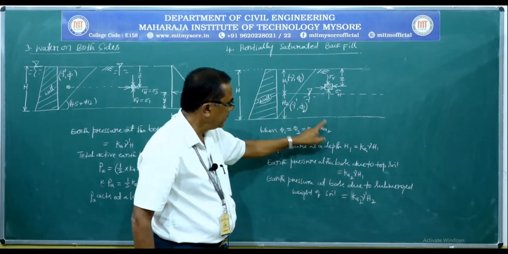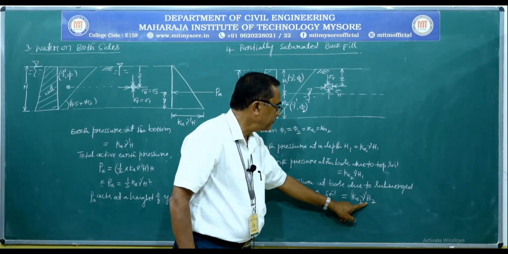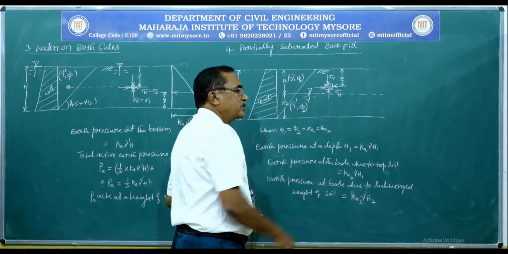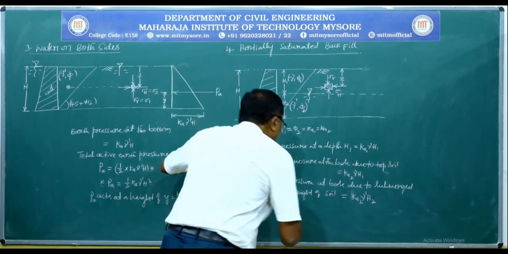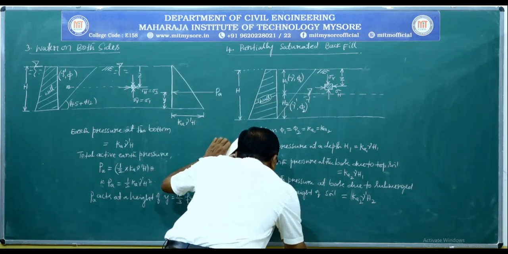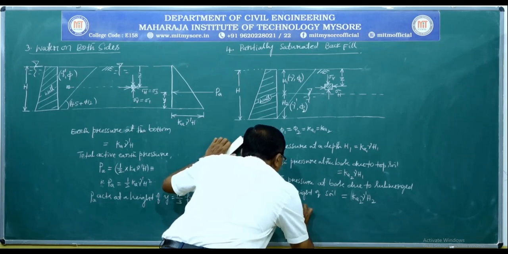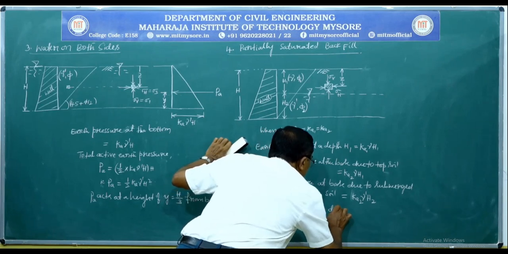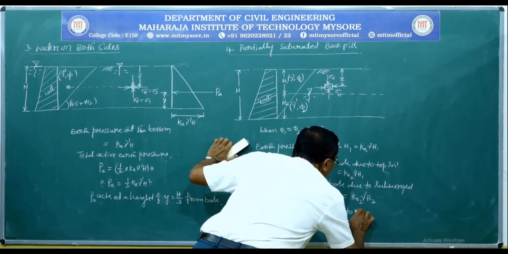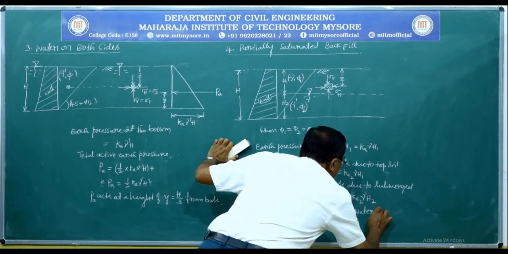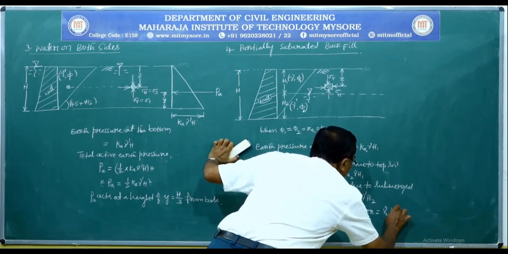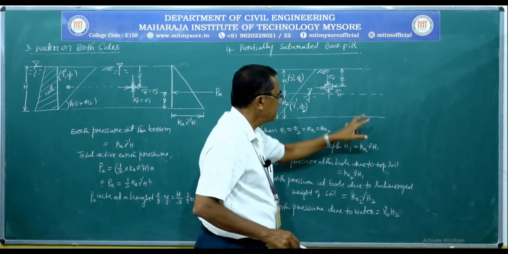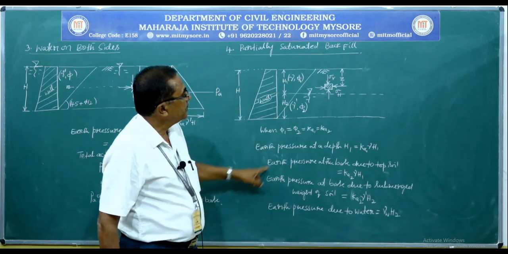For the bottom layer, Ka2 is the coefficient, gamma dash is the submerged unit weight of soil, and H2 is the height. Next, another component we have to consider here is pressure due to water. Pressure due to water is equal to gamma W into H2, so gamma W acts here along with the height.